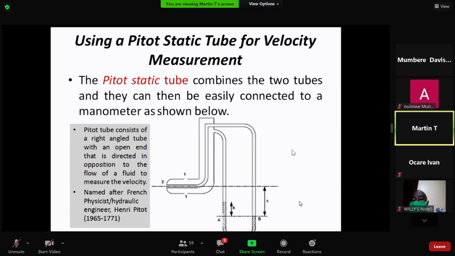And we know within the same fluid, pressures at the same level are the same, not so? In a fluid, these are the same pressures because they are at the same level and it's a continuous fluid.